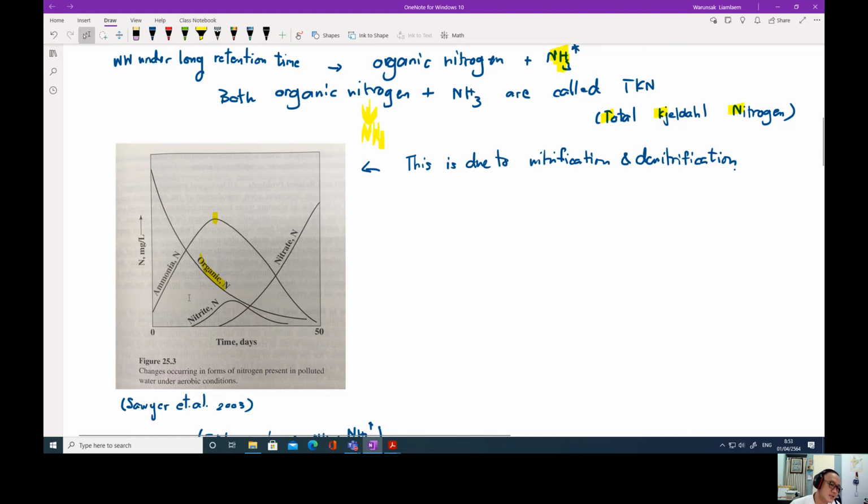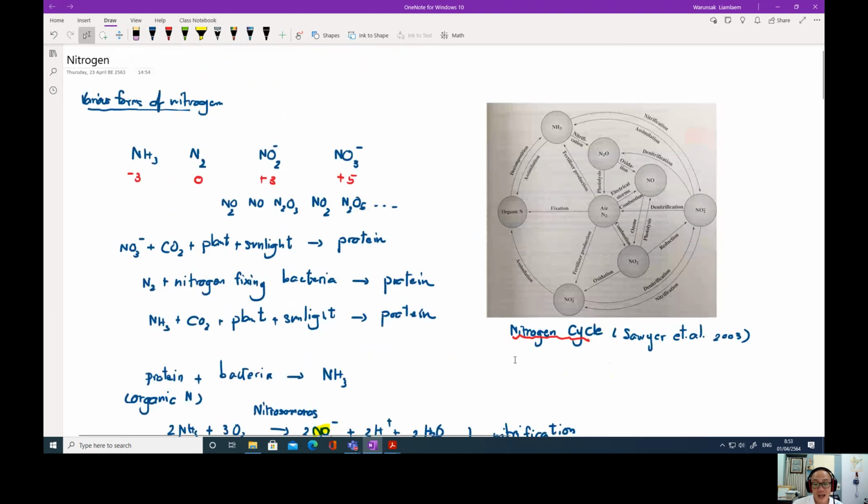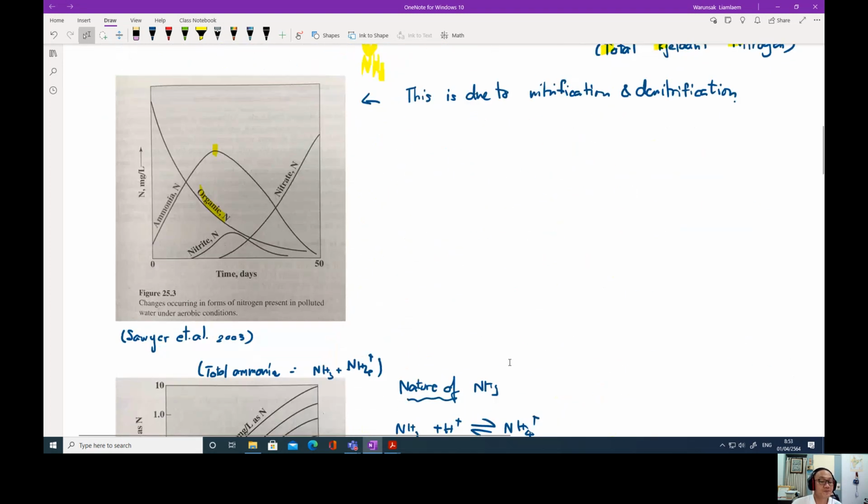Reduction of the organic nitrogen, an increase of ammonia at the initial stage, and at the end, both ammonia and nitrites are reduced, and the nitrates will form. So at the end, you will find significant amounts of nitrates in the treated water. These figures I also obtained from Sawyer 2003, the same textbook from which I took the nitrogen cycle.